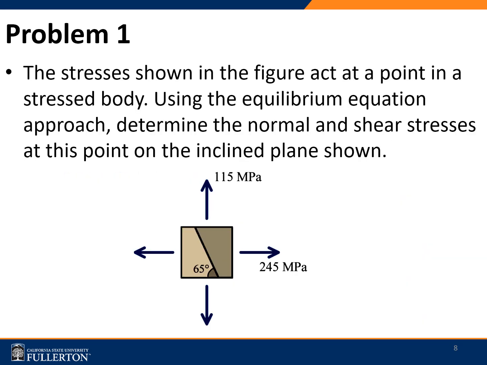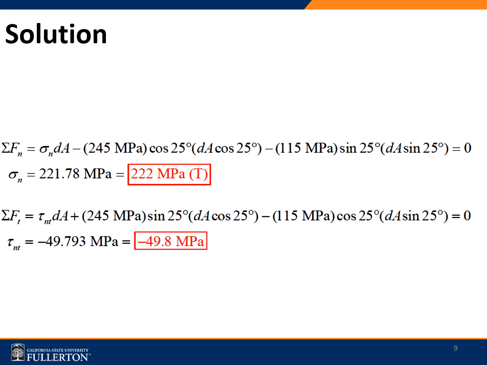Let's consider a simple problem. Here we could see that a body is subject to stresses 115 megapascal and 245 megapascal in the two perpendicular directions, and we are asked to determine the normal and shear stress values at an plane which is inclined at 65 degrees. So what we do here, to be in equilibrium, we consider the force balance F sub n equal to 0 and F sub t equal to 0.